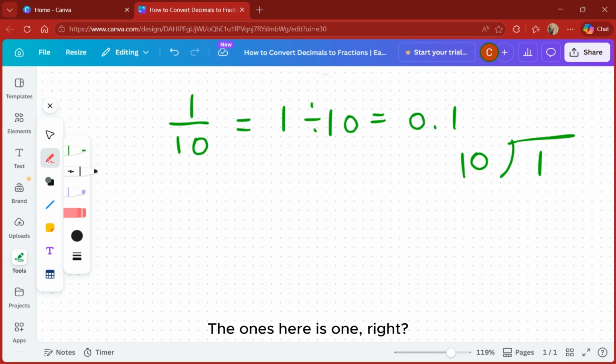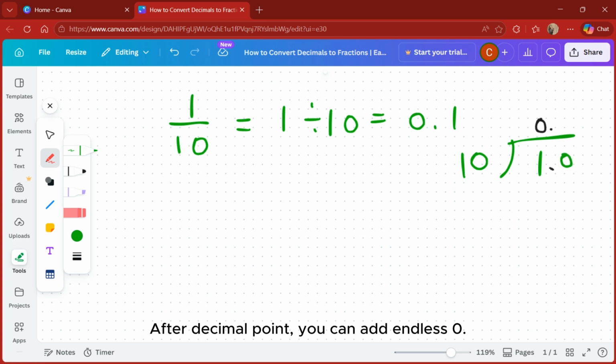The unit here is 1, right? So we cannot divide. It's not enough. So we put 0 and a decimal point here, okay? After the decimal point, you can add endless 0. No problem. It doesn't affect the value. And so I put 1.